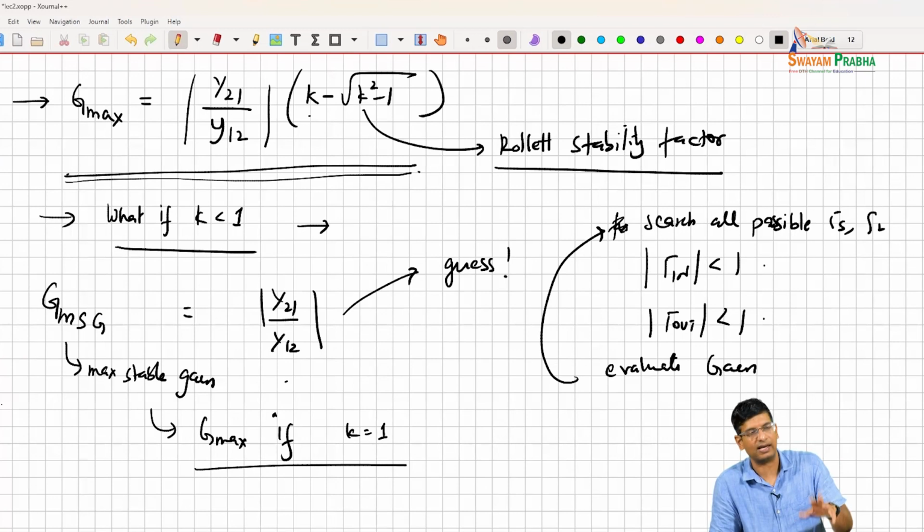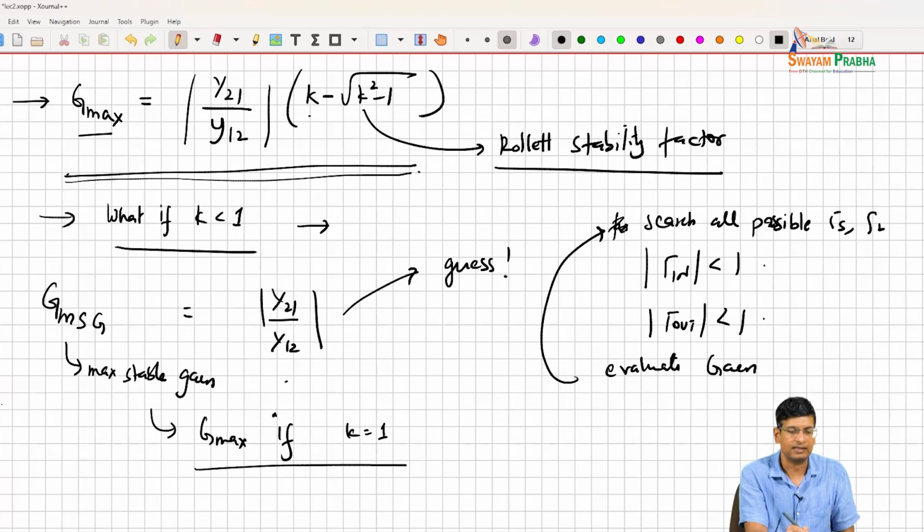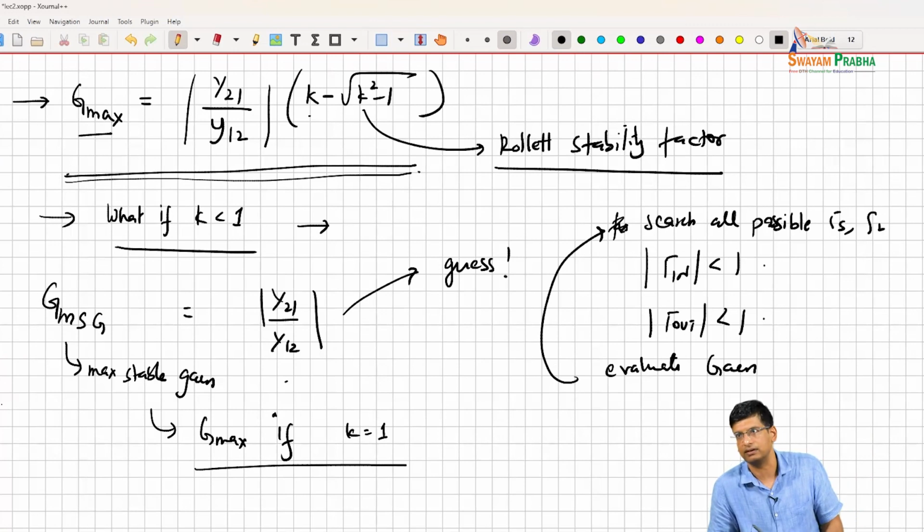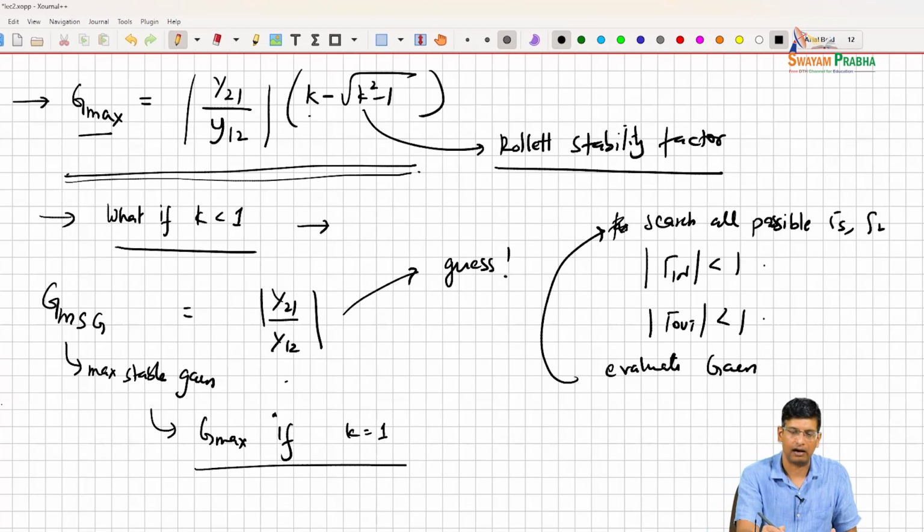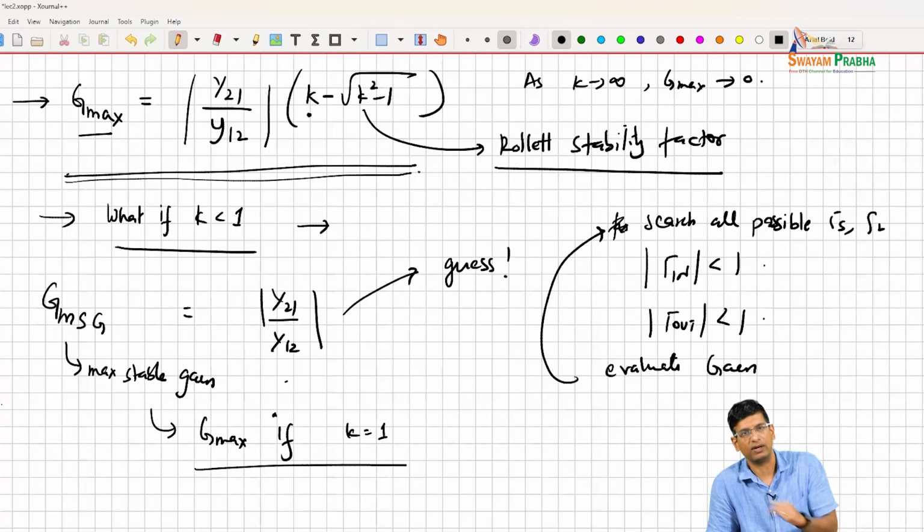Because then you can say, okay, if I put a conjugate match at the input and a conjugate match at the output, this is the maximum gain that I can get. Does that make sense? And you can clearly see over here that as K tends to infinity, G max tends to 0, because K minus the square root of K squared minus 1 goes to 0.